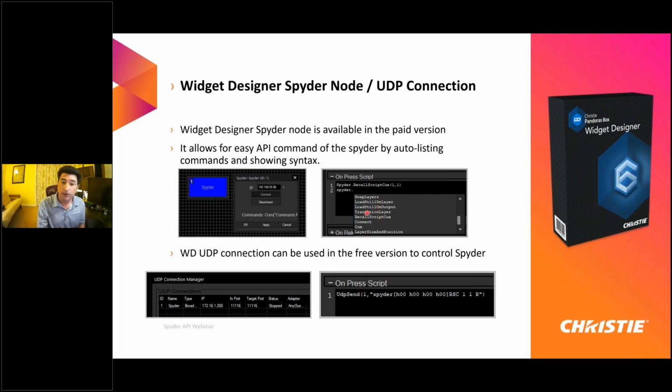They'll populate. You select the appropriate API command, and it'll even help you with the syntax. So you can see here that I have Spyder.recall script queue, and then 1,1. That's going to launch my command key number 1 to queue number 1, right?